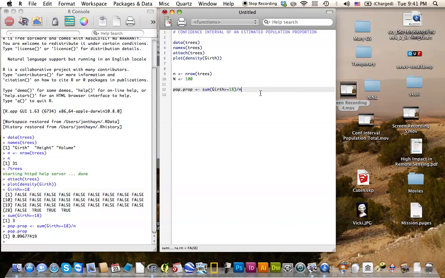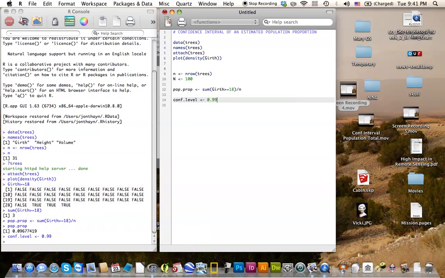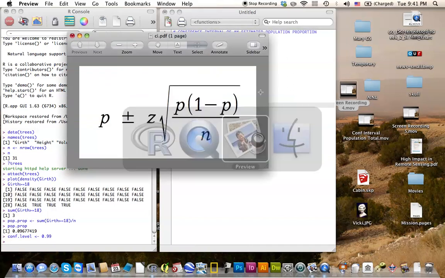We can see we got 10 trees that are that size, but they're being really strict this time, they want us to be 99% confident that we have the possible range of the probability, or the range of the proportion of trees that have girth greater than 18 inches.